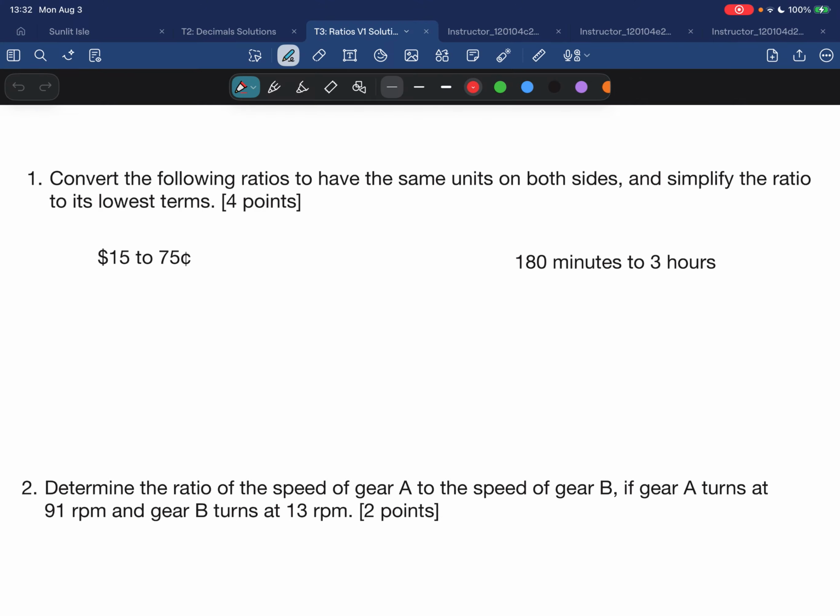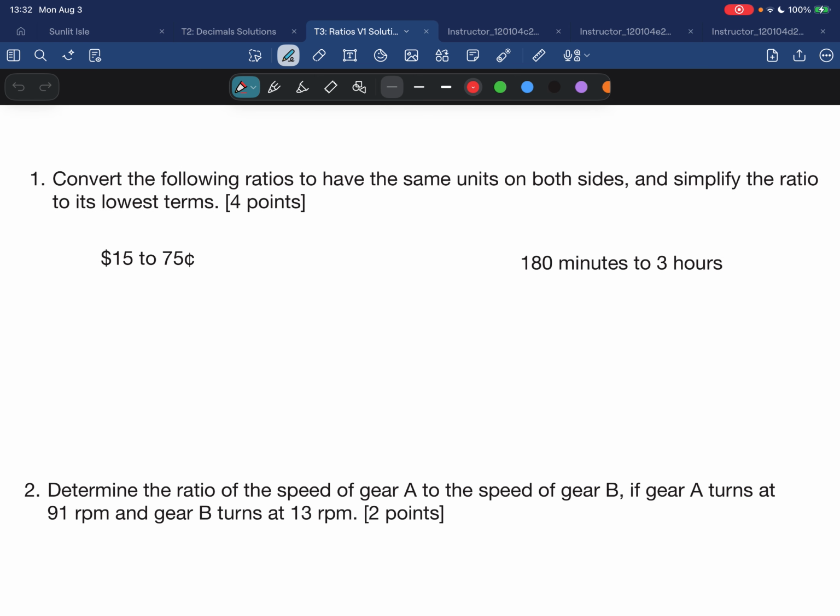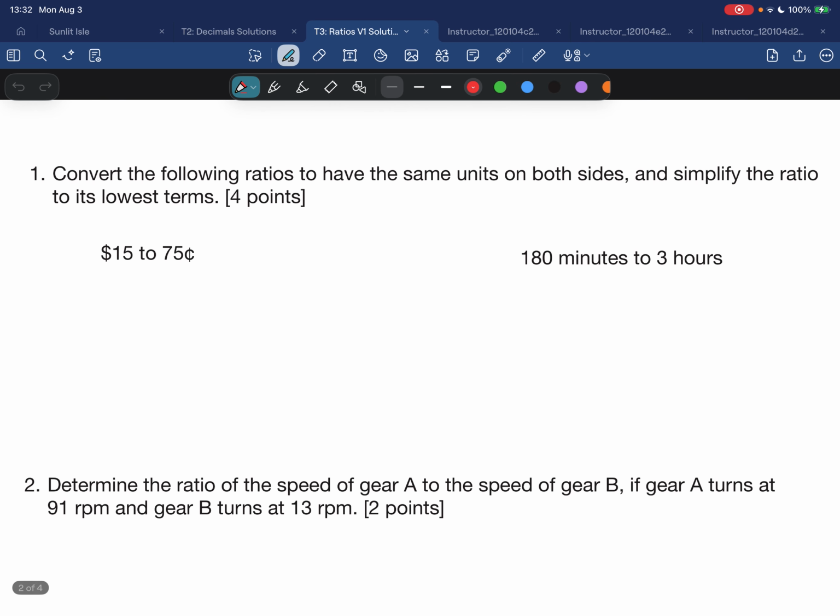jump into this. Number 1, convert the following ratios to have the same units on both sides and simplify the ratio to its lowest terms. First one here, $15 to 75 cents. I always like converting from big units to little units and then reducing the fraction later.